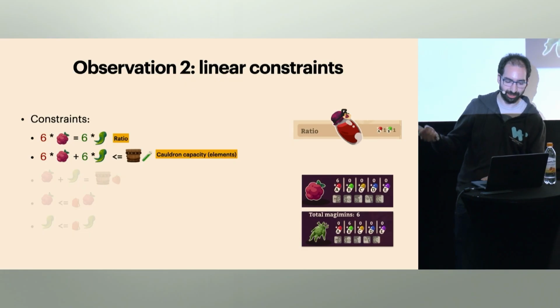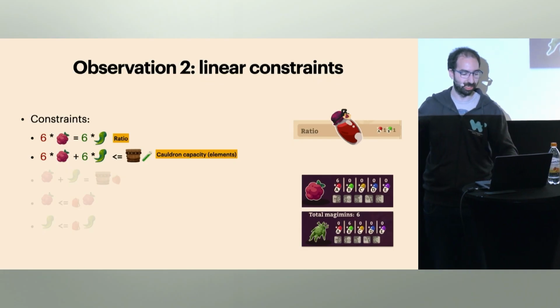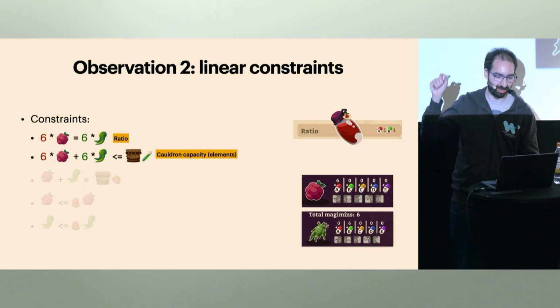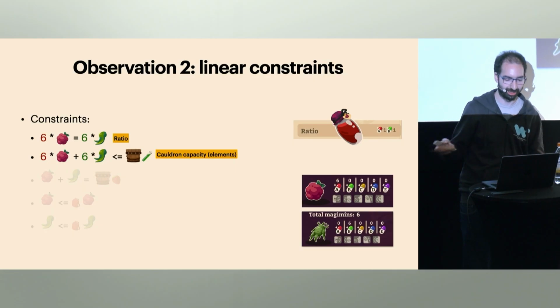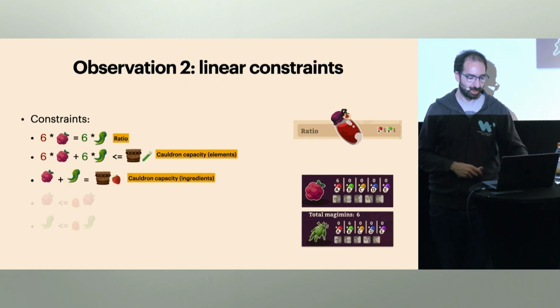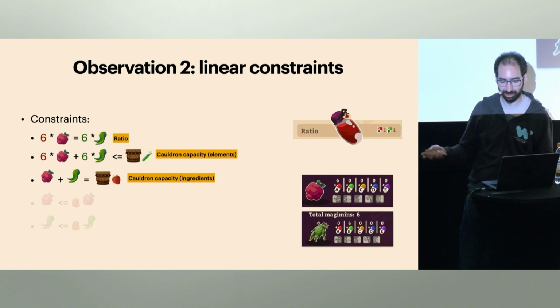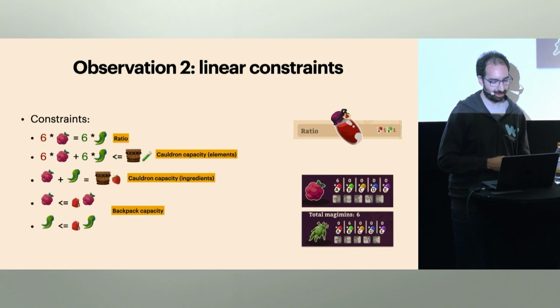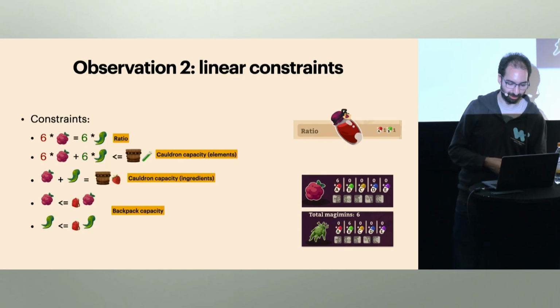When I say linear, it means that this only has multiplications and additions. Multiplications by a number, and additions. No squaring, nothing like this. Our other constraints are that we have to respect the cauldron capacity. And lastly, we have to respect the backpack capacity, so we don't use more than we have.